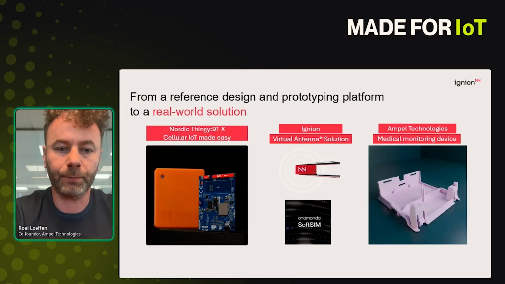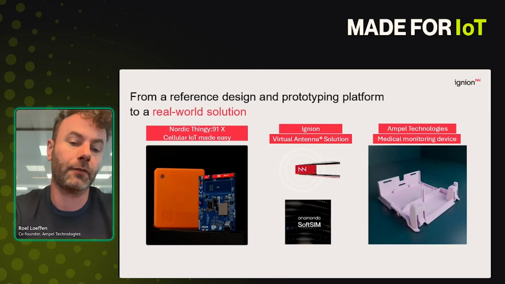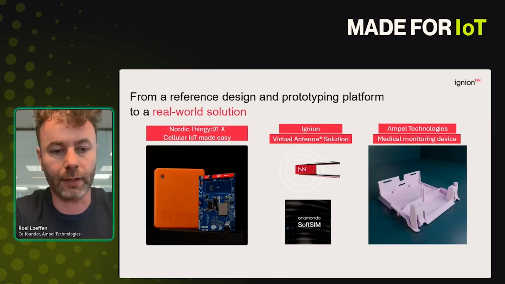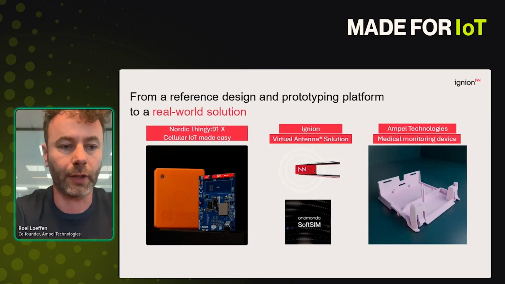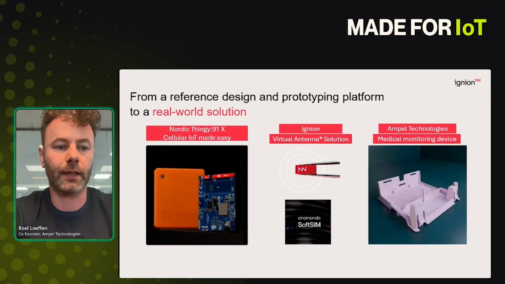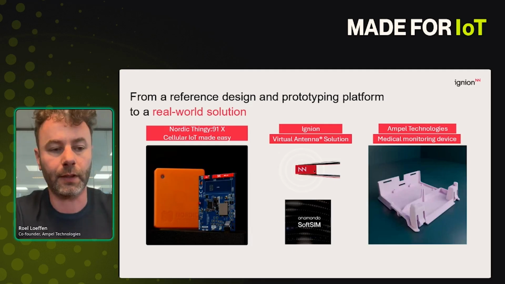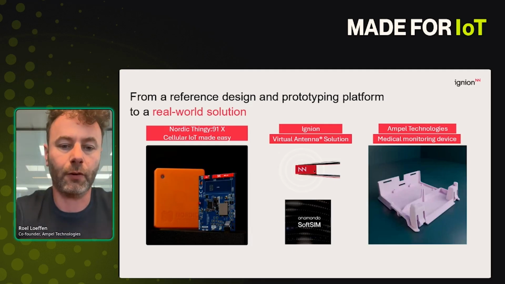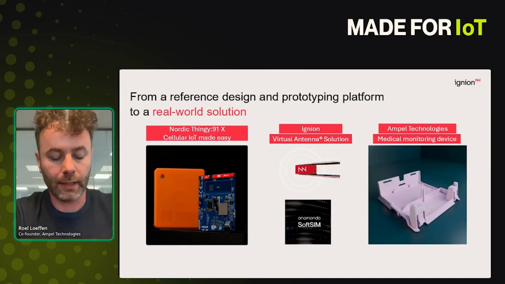On the other side, we still had to put a lot of software effort into getting our application running on the Nordic, but getting LTE-M and narrowband IoT running was really flawless in combination with the Onomondo SIM card.